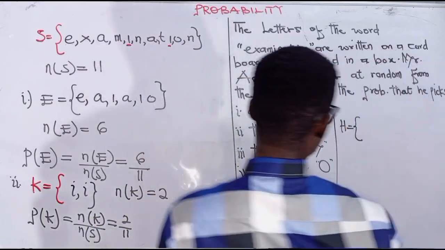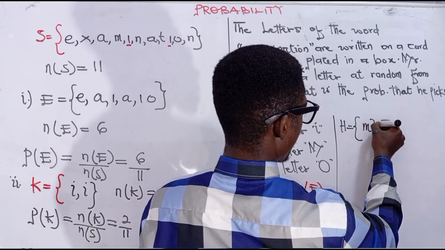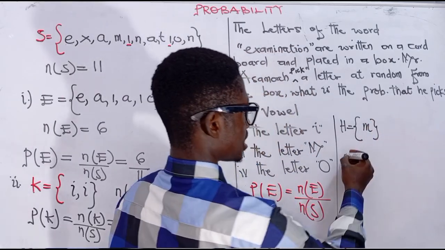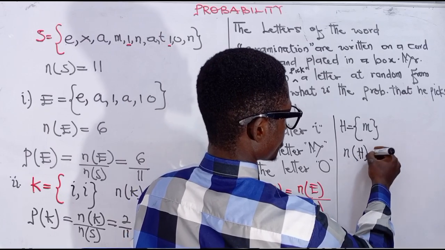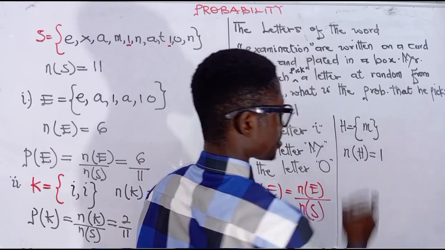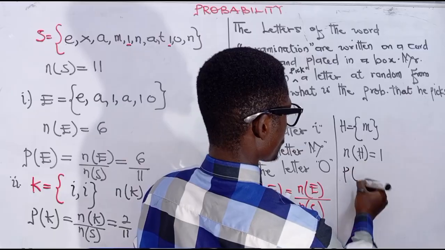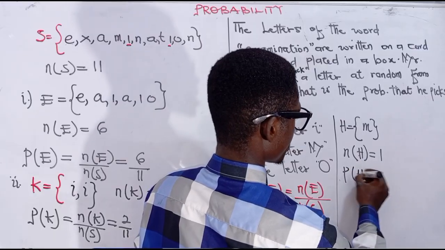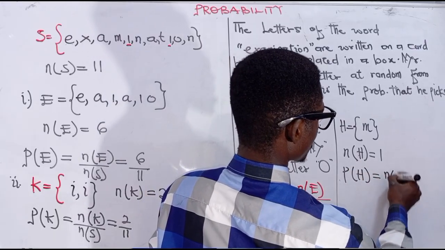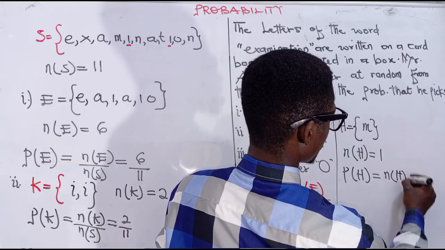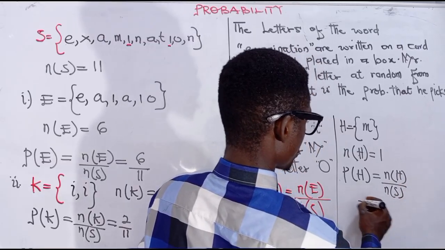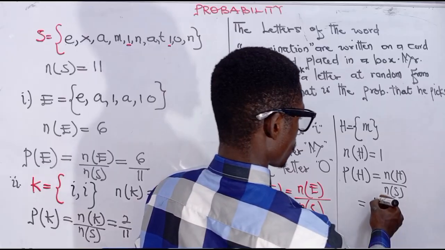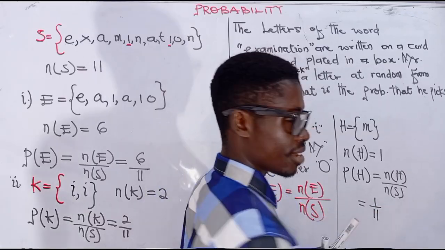We have only one, so we have M. Then we find the number of outcomes in the event, which is H, and that is 1. The probability of the event H is given as the number of outcomes in the event H all over the number of outcomes in the sample space, and that is going to give us 1 all over 11.